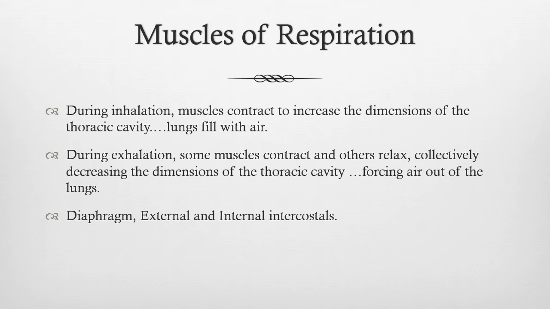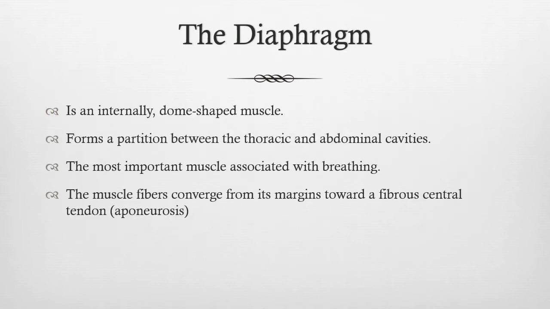The external ones do inspiration and the internal ones do expiration. So they're going to work at different times for that process. Inhalation is a very active process, and so we need to have muscle contraction in order to do it, versus exhalation. Basically, once the muscles relax, the thoracic cage is going to, in a sense, kind of fall back down.